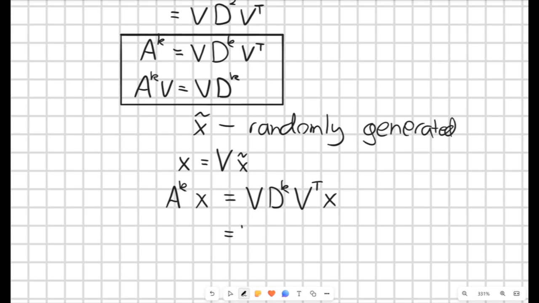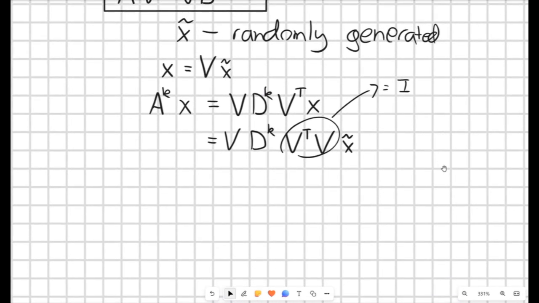So that's equal to V D to the power of k times V transposed, and now this comes in. So V x tilde is going to be equal to the identity matrix. Again, V is orthogonal. So all of this is then equal to V D to the power of k, and then our original randomly generated x.